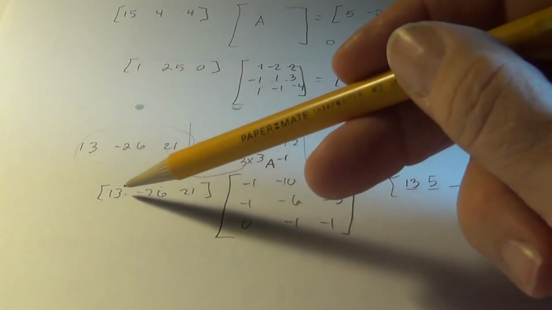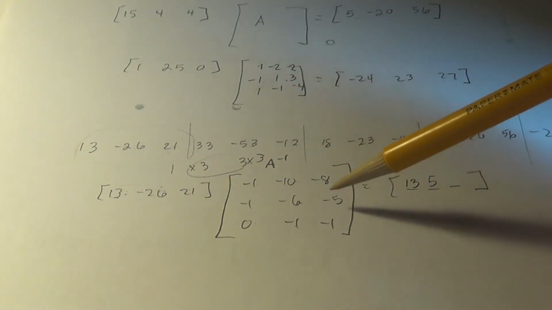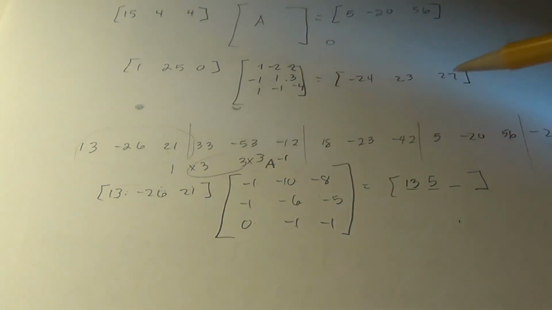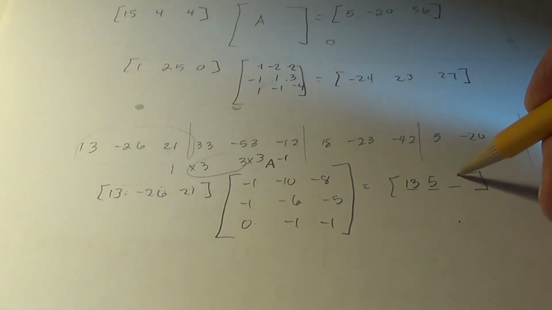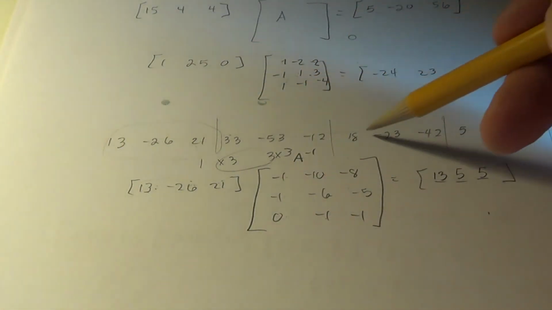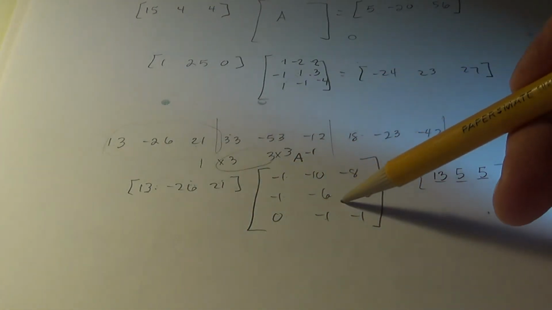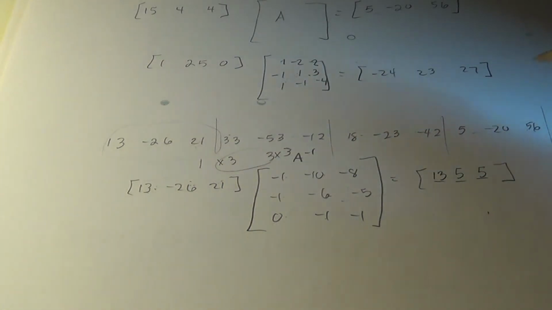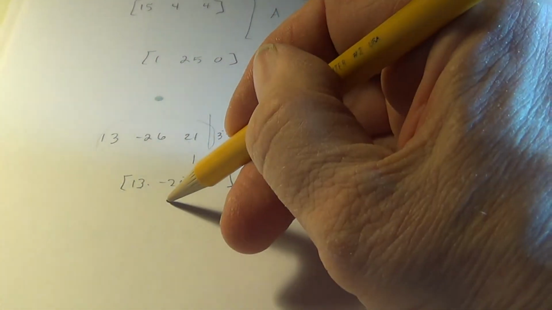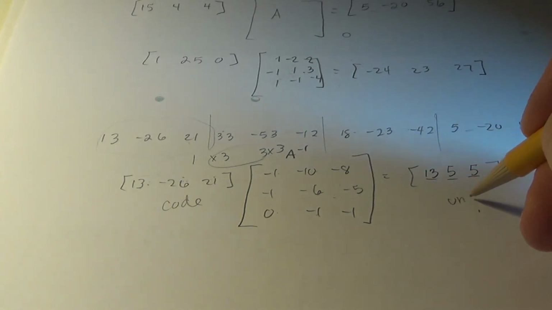And lastly, 13 times -8 plus -26 times -5 plus 21 times -1 also gives me a 5. And I'm going to do that for each of these encoded 1 by 3s. I'm going to multiply it by the inverse of A. And this is code. This is decoded or uncoded.